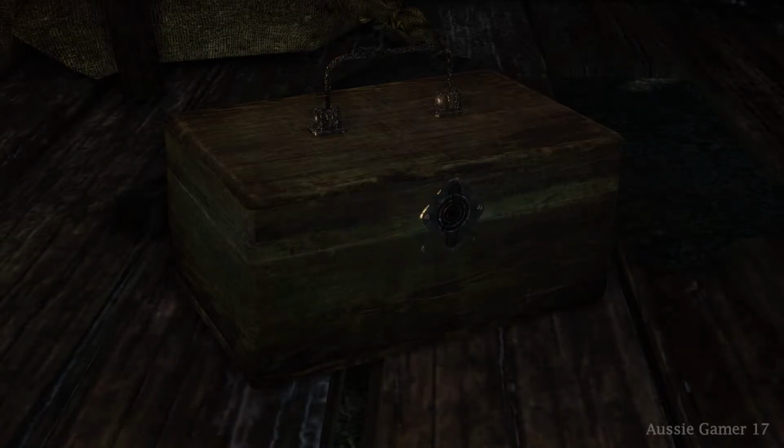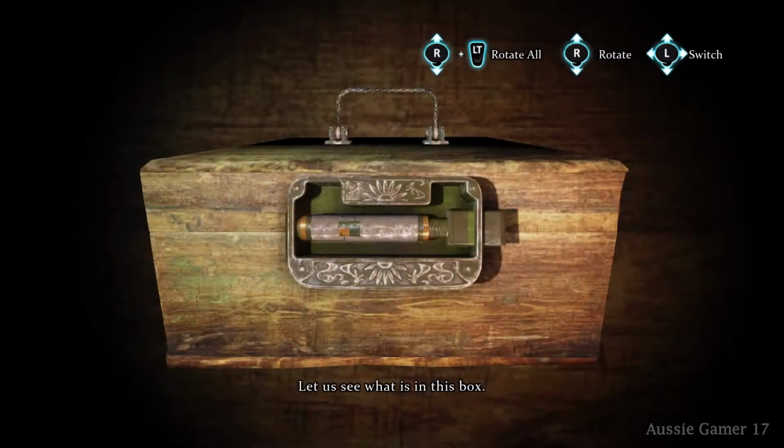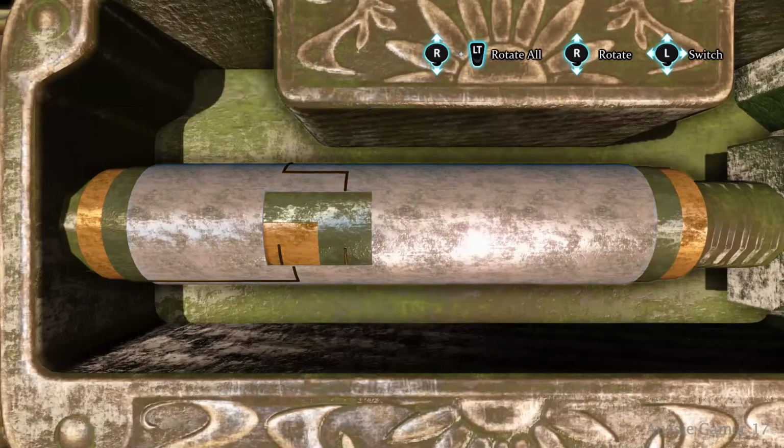And we're going to try and open it, and this is going to give us another small mini game. Basically we need to rotate the different parts of this mechanism to line up all the lines so they match and unlock the box. So I'll just show you how we're going to do that. The first thing we're going to do is go right, and this is part 2, and we can use the right stick to rotate that.